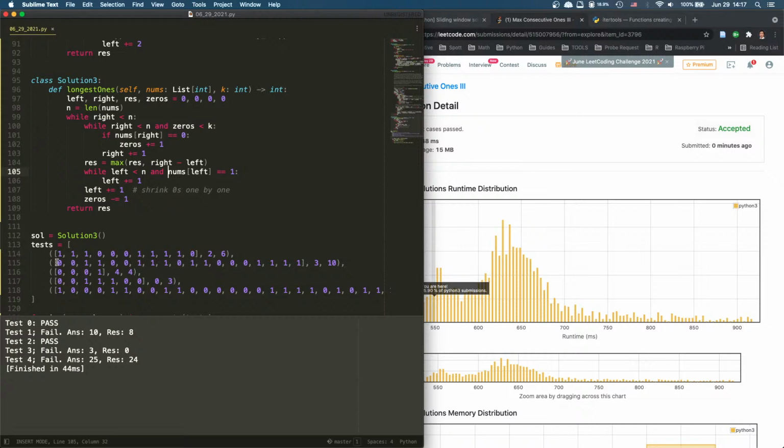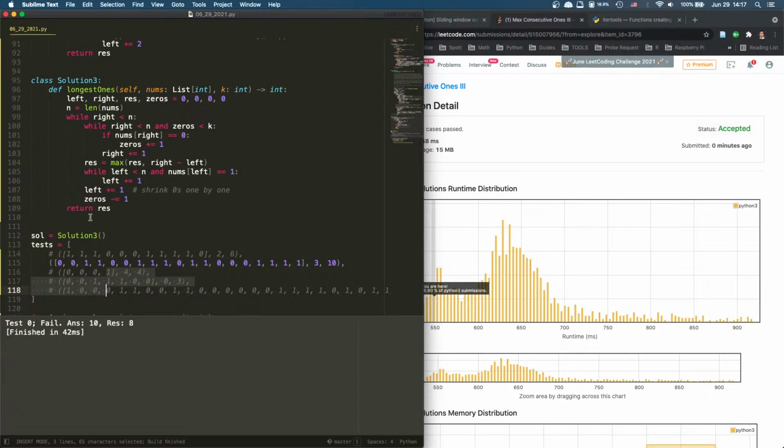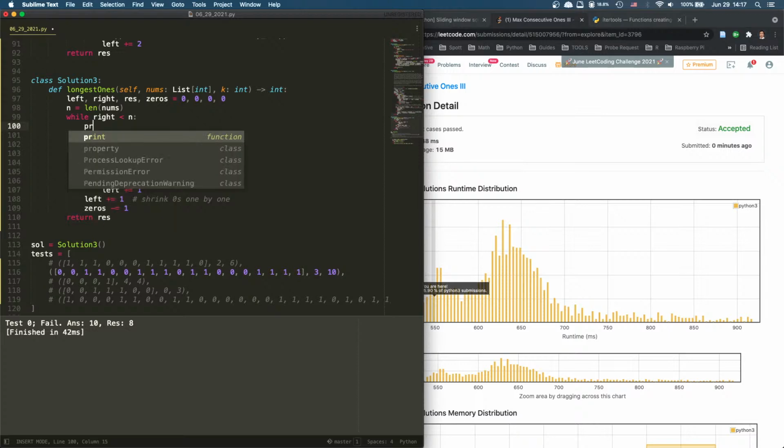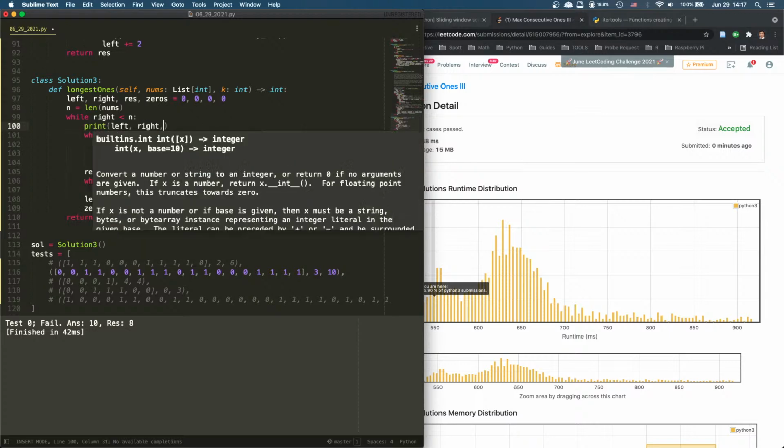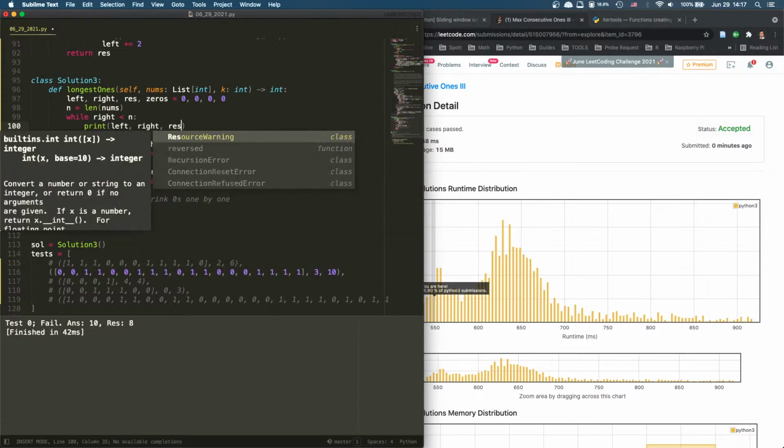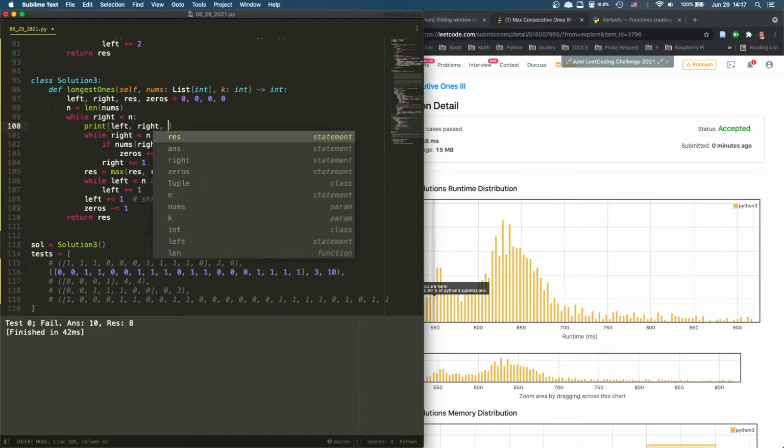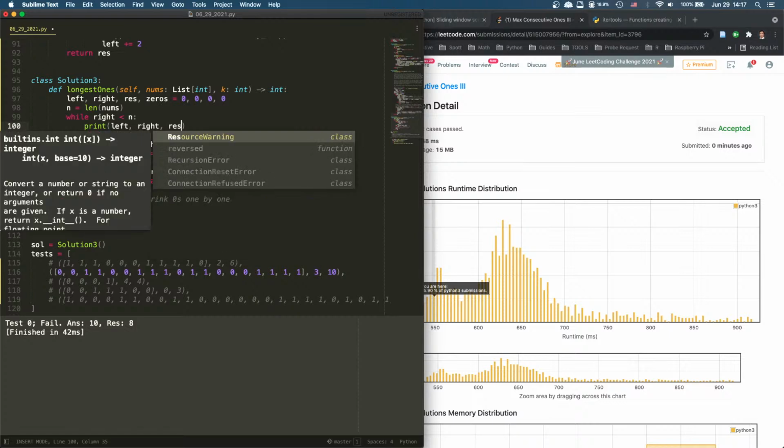So yeah, let's check this one. Same thing. Print left, right, and rest. Yeah, I can print rest.